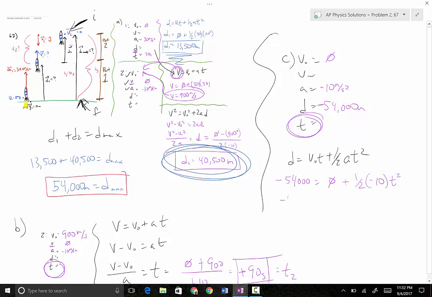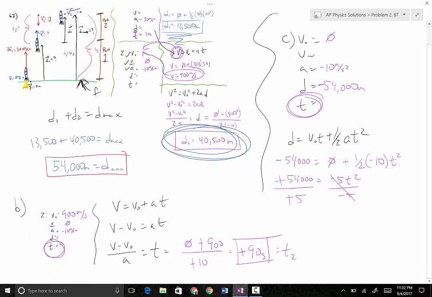So this is going to be negative 54,000 equals negative 5t squared. Divide both sides by negative 5. And the negative cancels out. So 54,000 divided by 5 is 10,800 equals t squared.